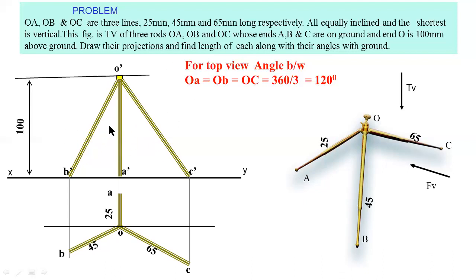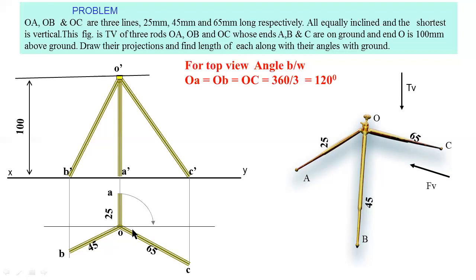So you have to find the angles with the HP in this plane. For that purpose, I am rotating the top views. For example, here you have to consider OA as the top view, so you have to rotate this OA line.